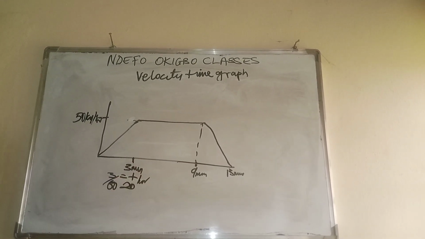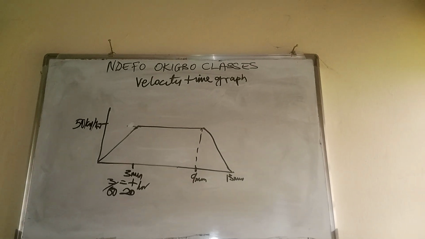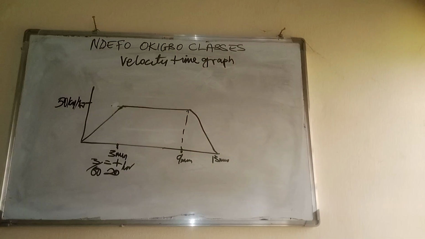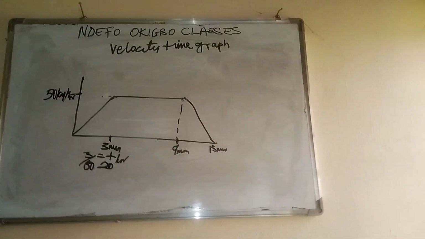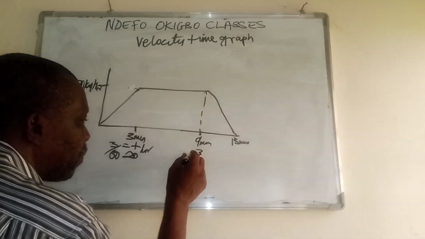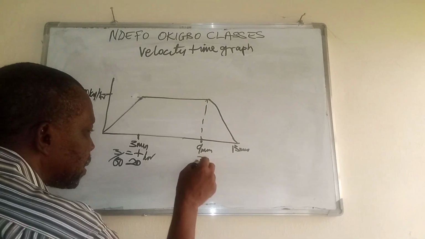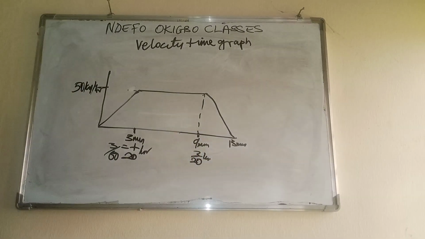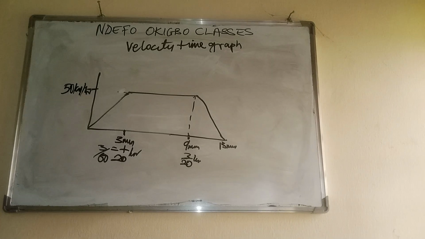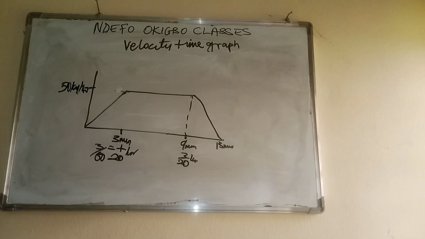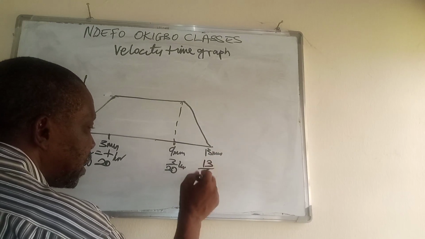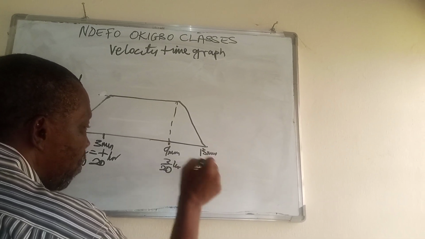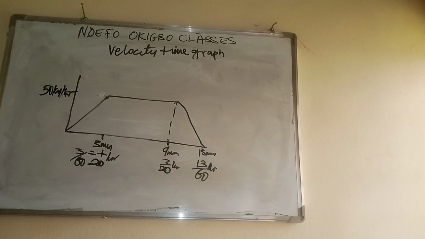Then the next one is 9 minutes, which is 9 over 60 hours. I'm changing the minutes to hours. This is 13 over 60 hours, since we are working in kilometers per hour.